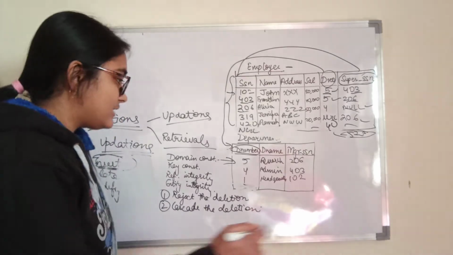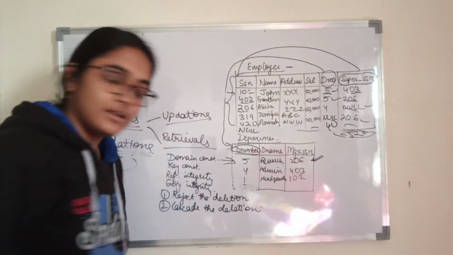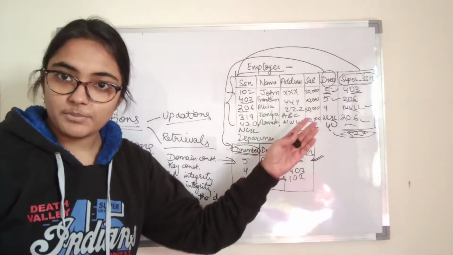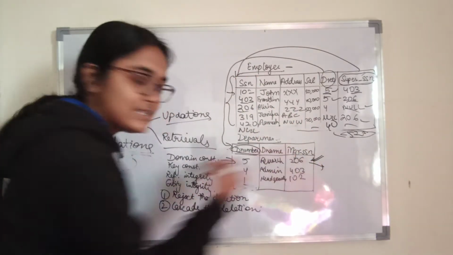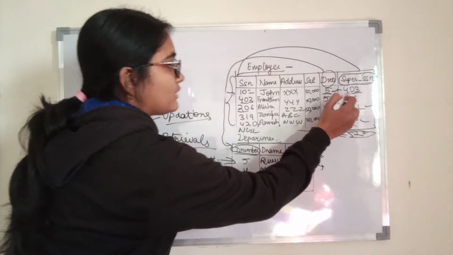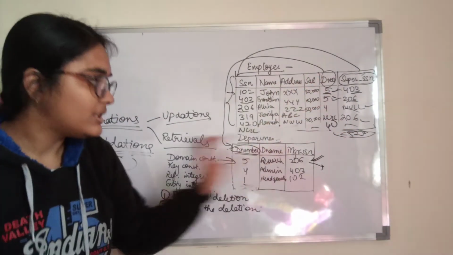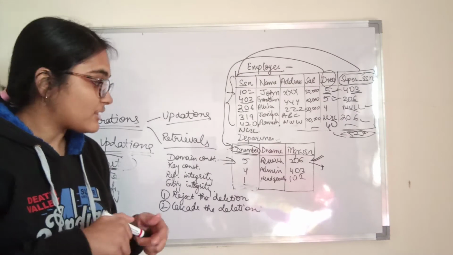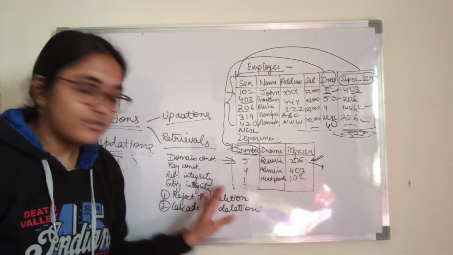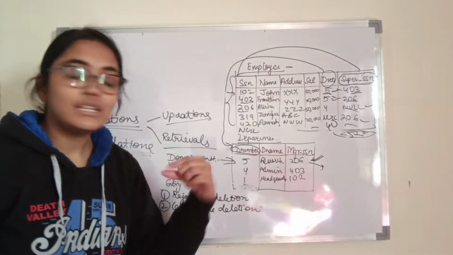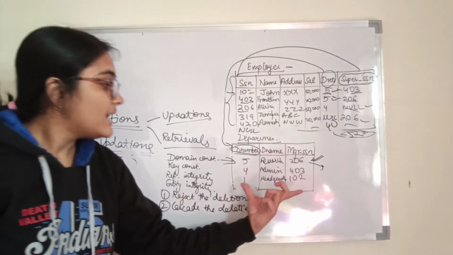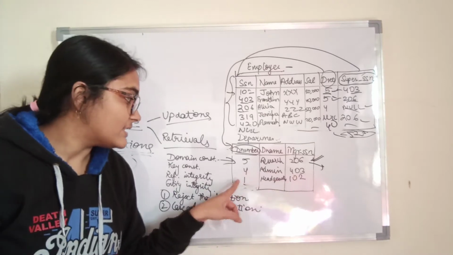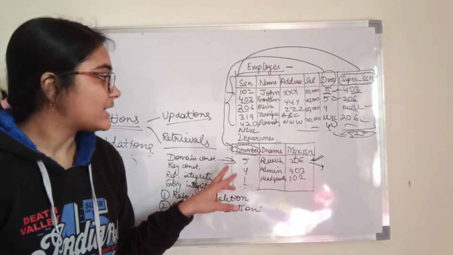In case I am trying to delete department number 1, delete all the tuples that are causing the referential integrity constraint violation, that is, delete all the tuples that are referencing this particular tuple.